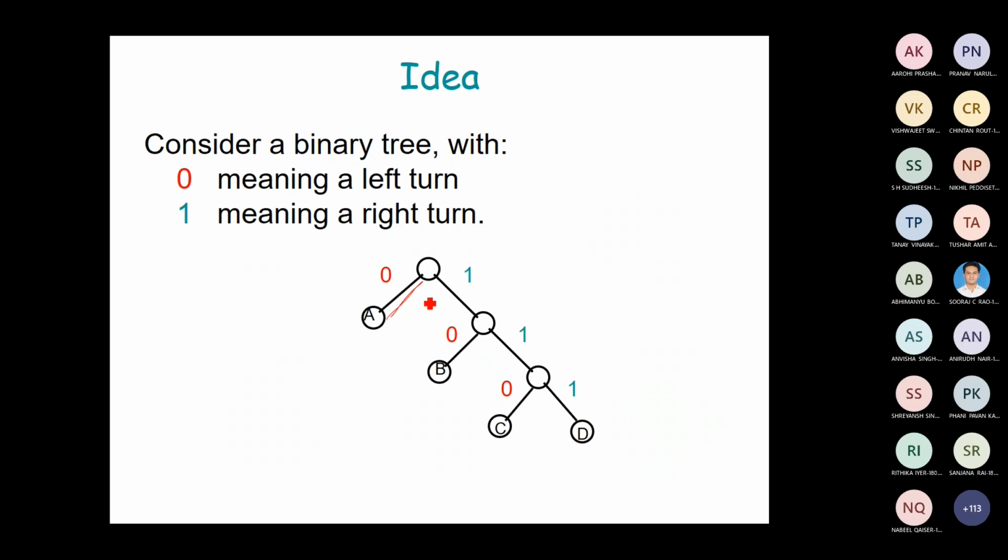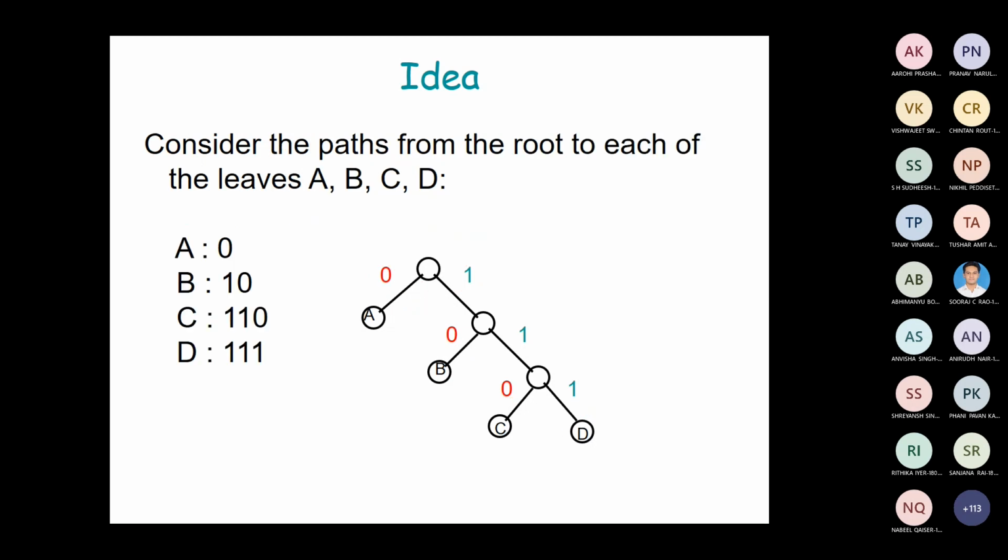Always the left edge or left subtree is marked as 0. The label given to the left edge is nothing but 0. For the right edge or the right turn, it is 1. By using this, I can produce the unique code.